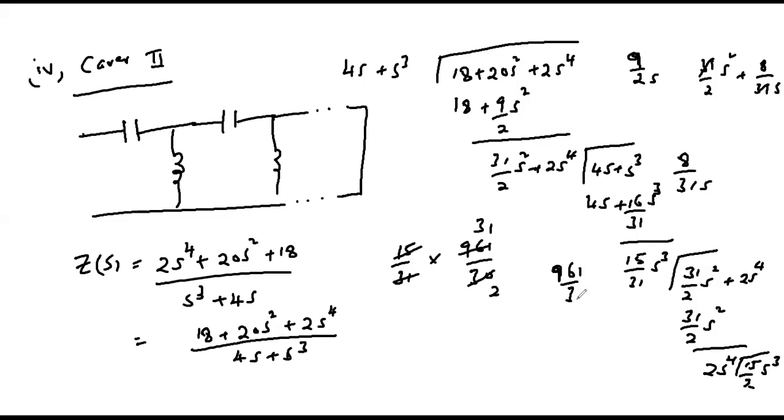Finally, we need 15/31 from 2. Sorry, it's 15 over 31. This term is 31. I need 15 over 31 from 2. That means I multiply this with 62 over 31.